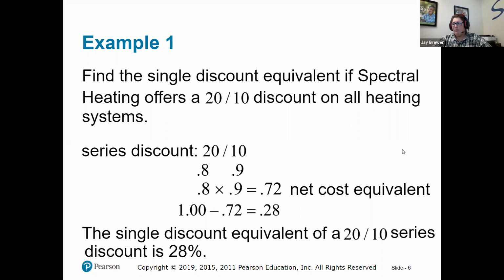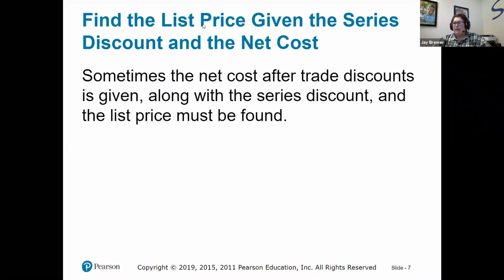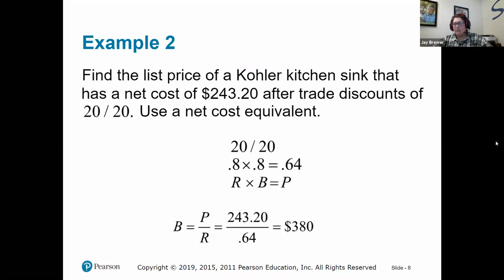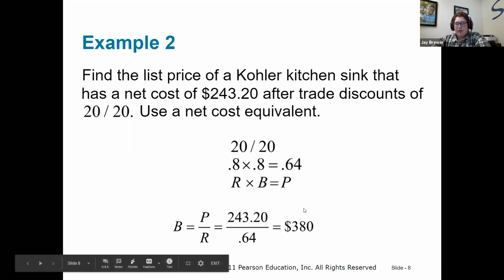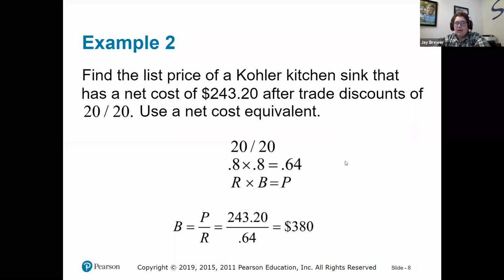Okay. All right. Find the list price given the series discount and the net cost. Sometimes the net cost after trade discounts is given along with the series discount and the list price must be found. So here's your example. Oh, look, base, part and rate came back. Aren't we so happy to see it?